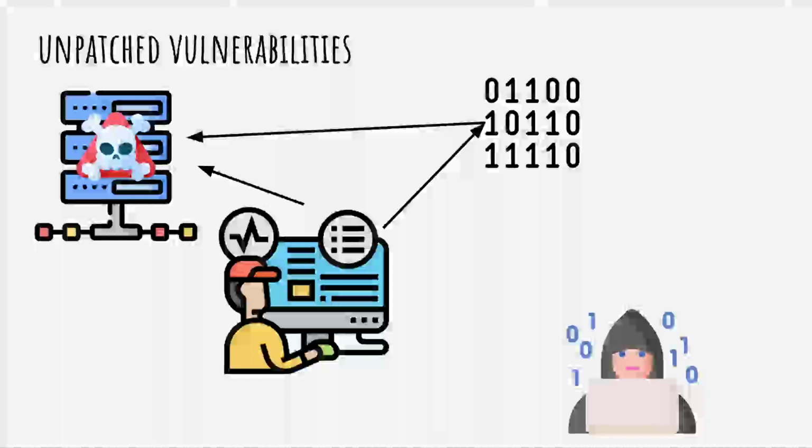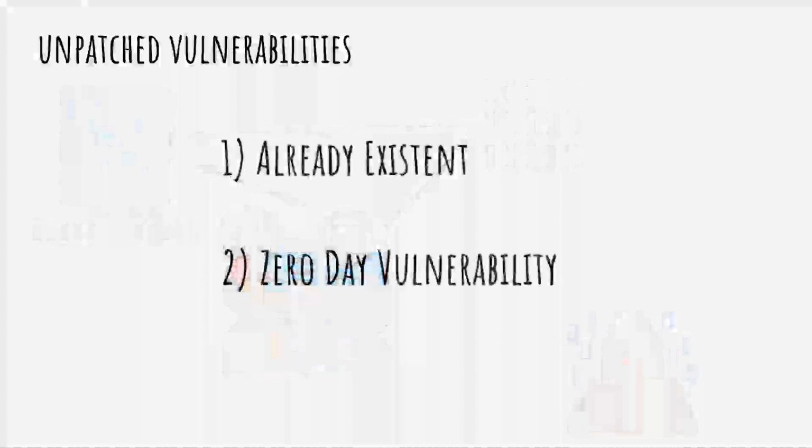Now, when we say unpatched vulnerabilities, we can differentiate two types of vulnerabilities: the already existent and known vulnerabilities that have patches, and what we call zero-day vulnerability. Now, the first one is self-explanatory. It is already a known vulnerability and it has a working patch or update available for it, and there are also existent exploit codes online for this vulnerability.